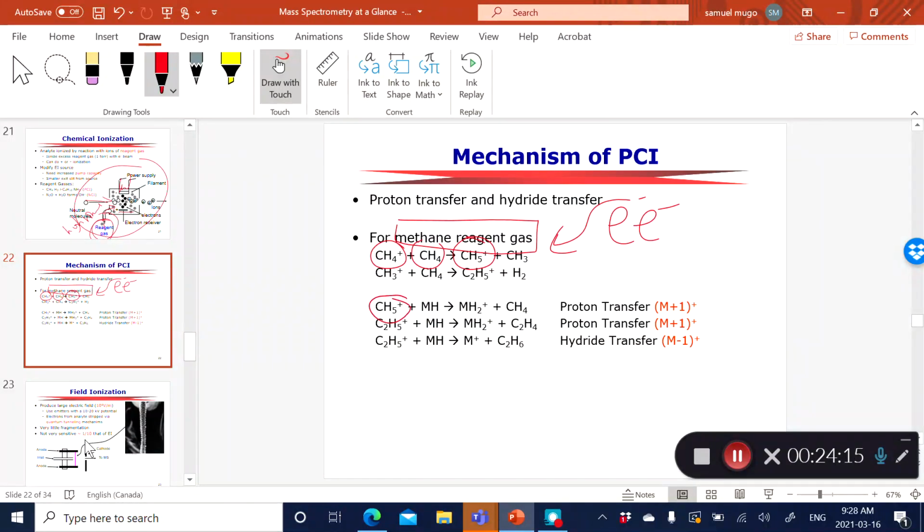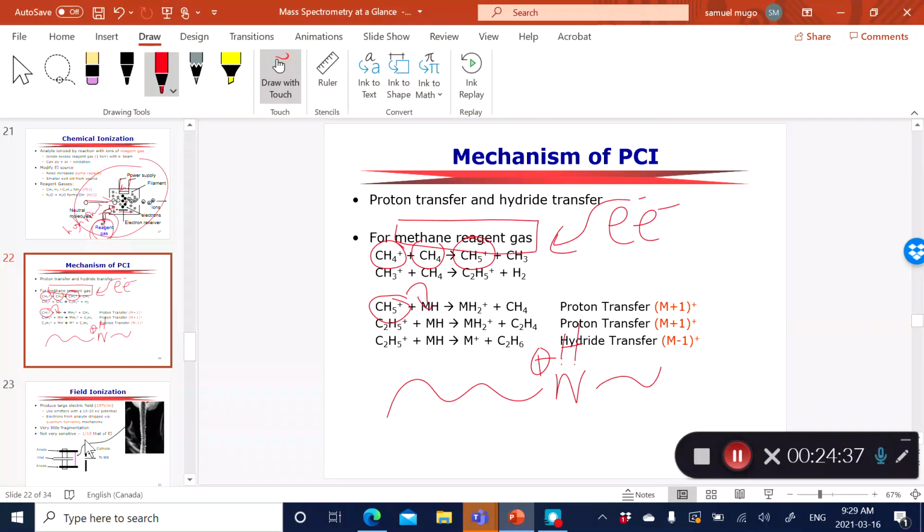Now, that species can react with the analyte and transfer a proton. You can see it's protonation, depending on the nature, of course, of the analyte. If the analyte has an amide group, then it's fairly easy to protonate.